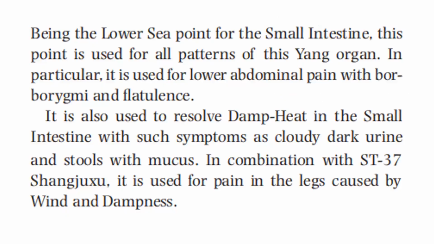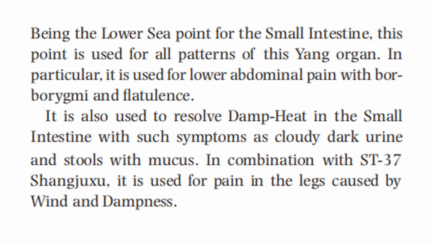Being the lower He-Sea point of the small intestine, this point is used for all patterns of this yang organ. In particular, it is used for lower abdominal pain with borborygmy and flatulence. It is also used to resolve damp heat in the small intestine with such symptoms as cloudy dark urine and stools with mucus.